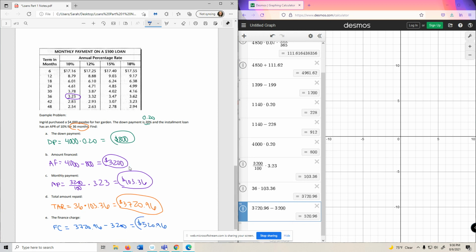To put everything into context, the sticker price for the gazebo was $4,000, but she is paying for it over 36 months, which is 3 years. Because she's financing it and taking longer to pay it off, the company is charging her an additional $520.96 over those 3 years because she didn't pay it all at once.